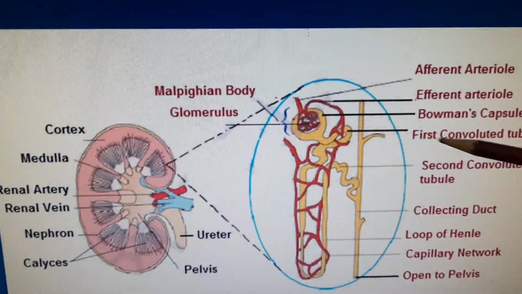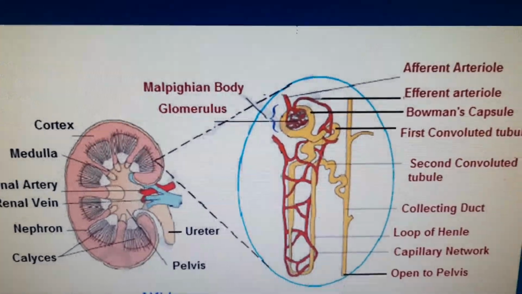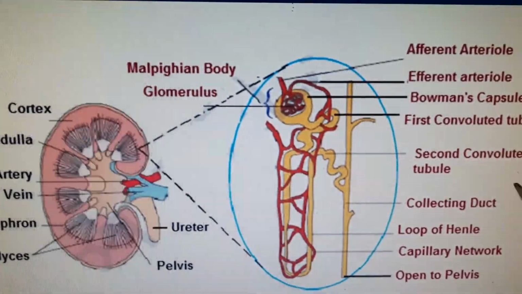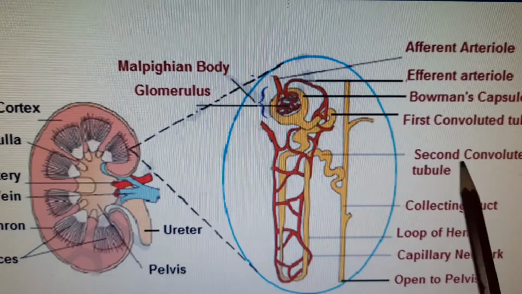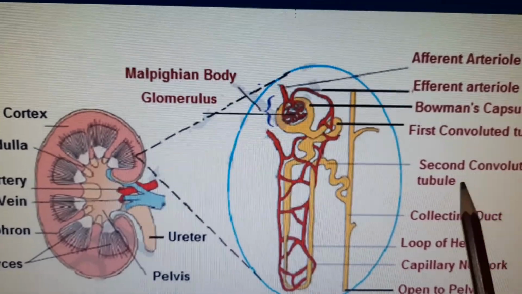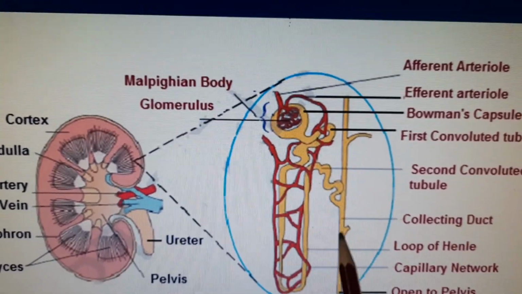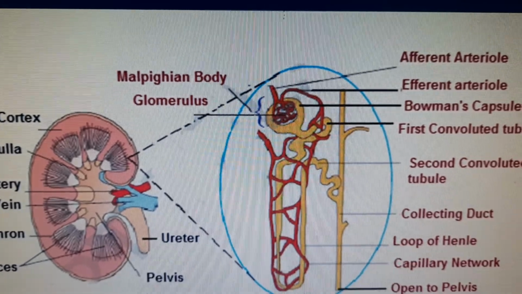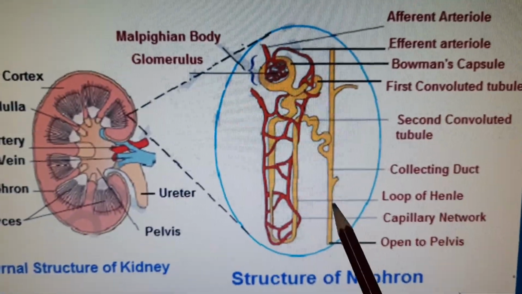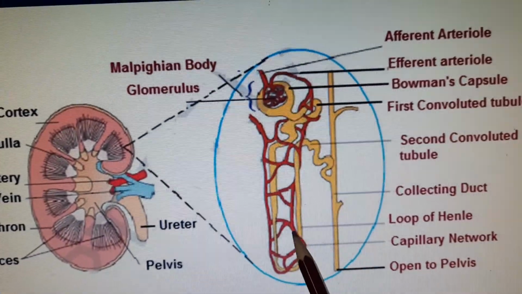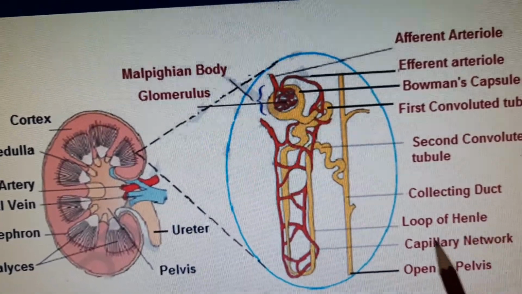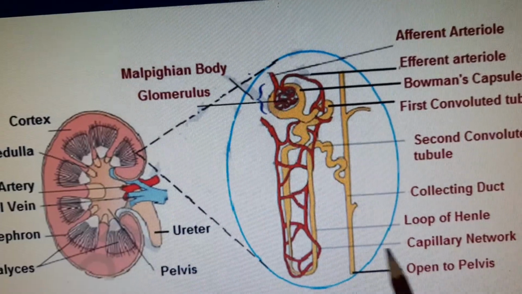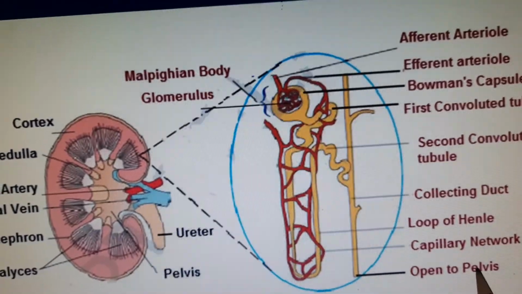This is the first convoluted tubule, and this is the second convoluted tubule. This is the collecting duct, and then the loop of Henle. So this is the loop of Henle, and then the capillary network, and then it opens to the pelvis.